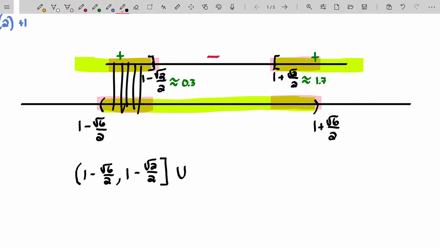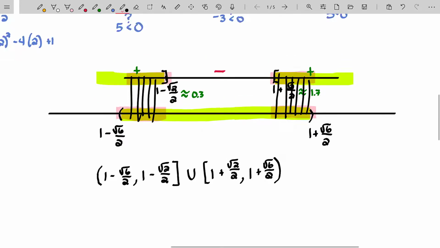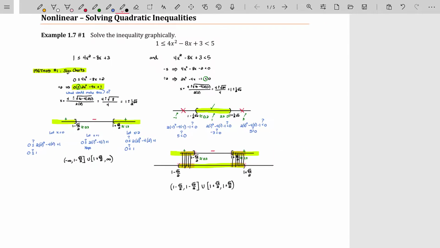You're going to pick back up right here at 1 plus root 2 over 2, and then continue onward until you get to 1 plus root 6 over 2. And you're not going to include that edge point. That is the solution set to this quadratic inequality. Now, all of that work to then say there's yet another way to have done this.